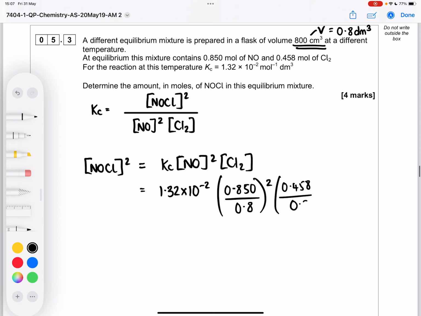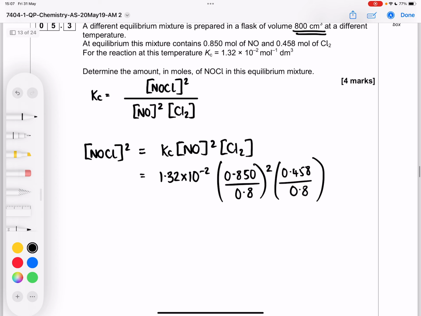With the same for the chlorine. So that's the first thing that we can do. We can type this in our calculator, 0.85 over 0.8 squared, and then we want another fraction, 0.458 over 0.8. Don't want to square it this time.